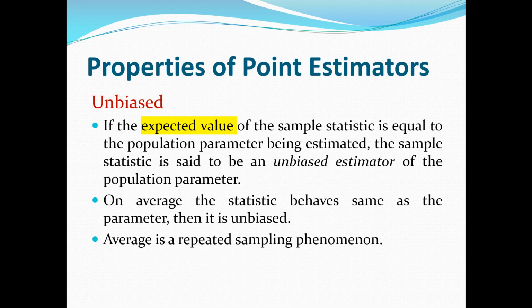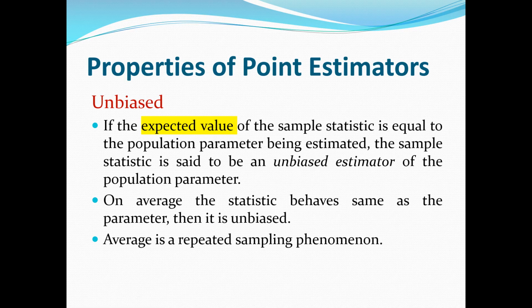In other words, there can be outliers, but if on average the instructor is grading everyone fairly, then you're going to say, okay, fair enough, this instructor is unbiased. So similarly, if on average the statistic behaves the same as the parameter, then it is unbiased.